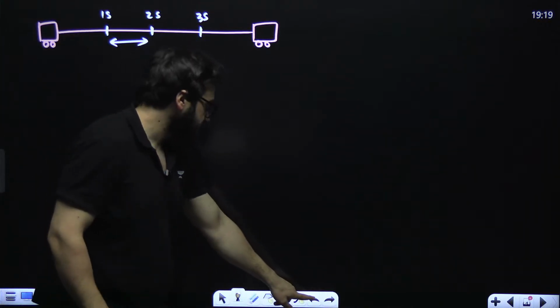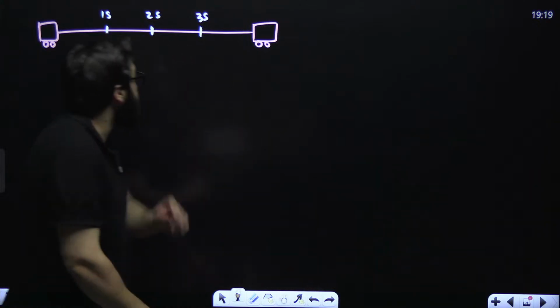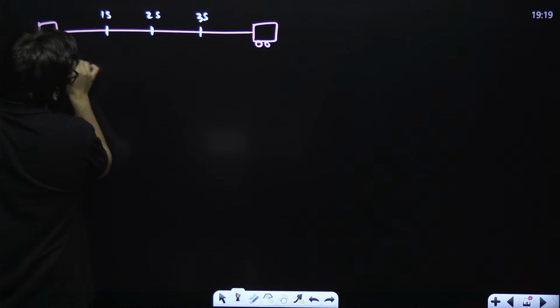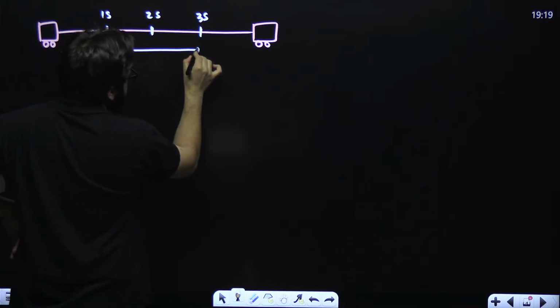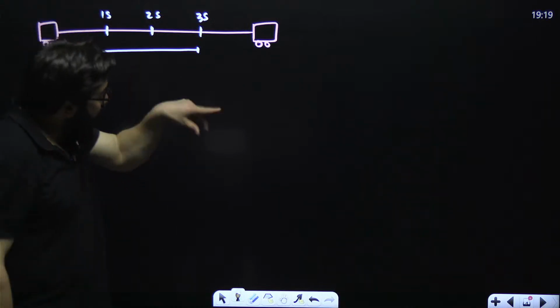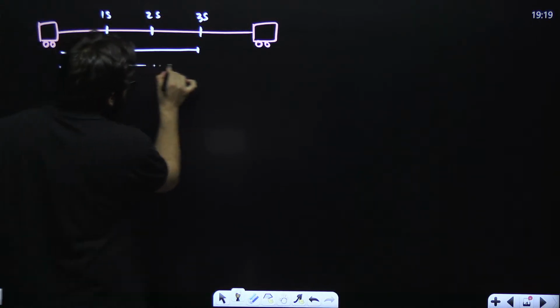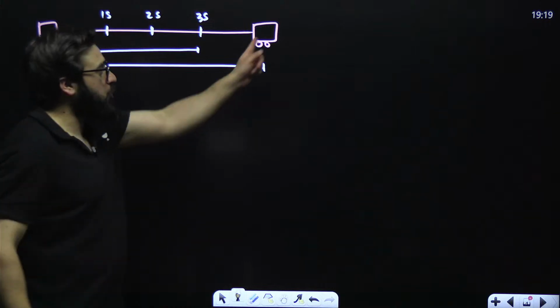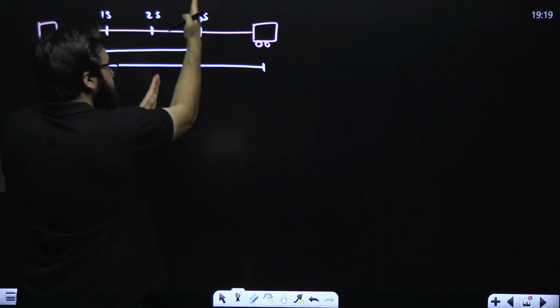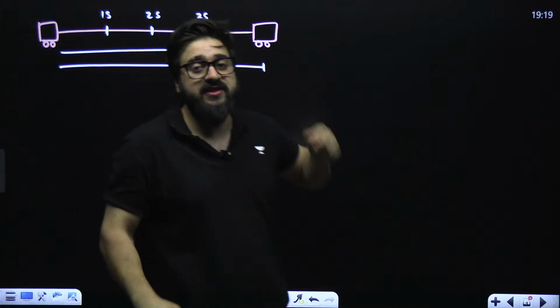If we get the position of the particle at t equals 3 seconds, and the position of the particle at t equals 4 seconds, what will we do? Final position minus initial position gives us this displacement.